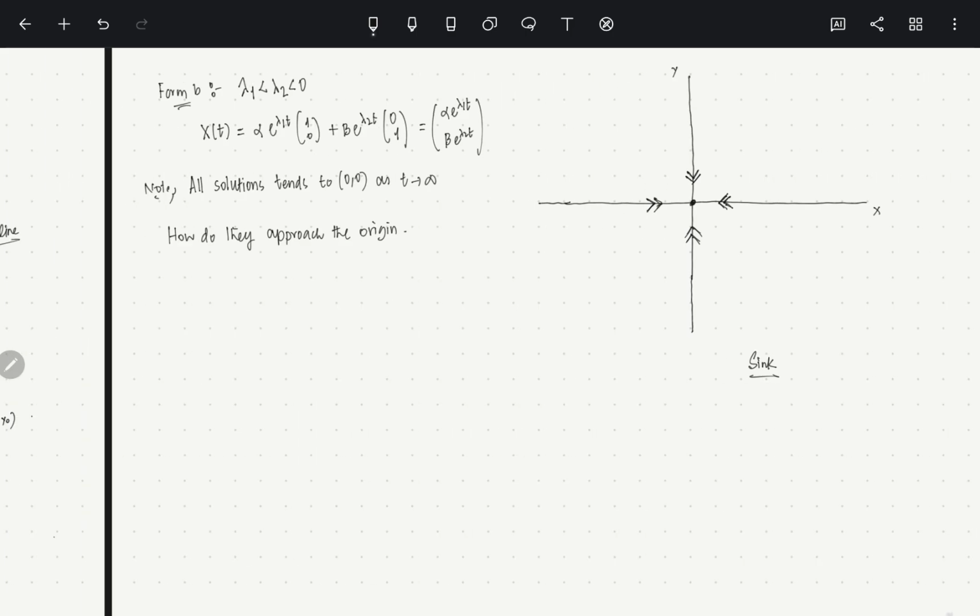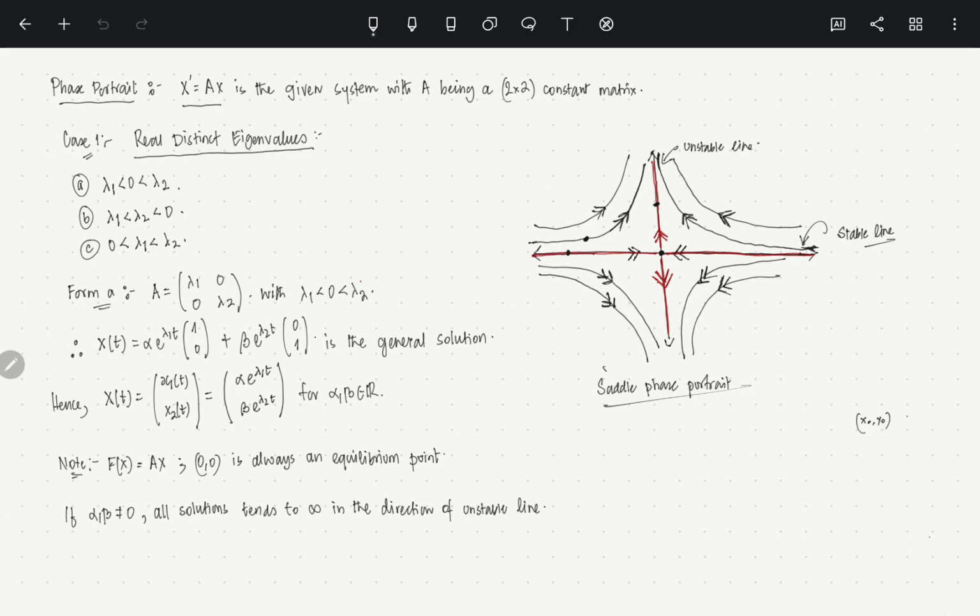The phase portrait won't look like the earlier one, where in one direction it moves towards the origin and in the other it moves away. Even the linear combinations, when alpha and beta are non-zero, depend on which one is dominating based on t.